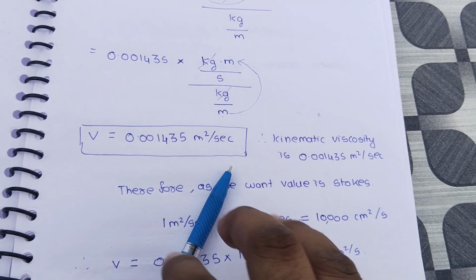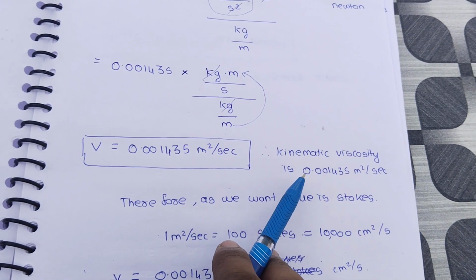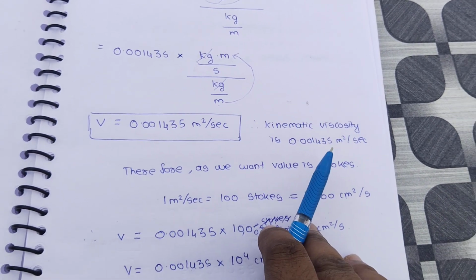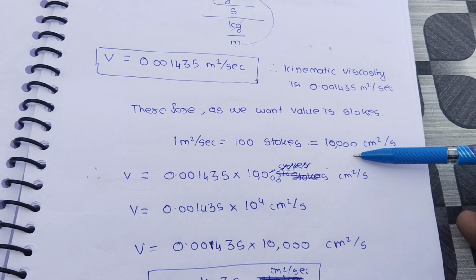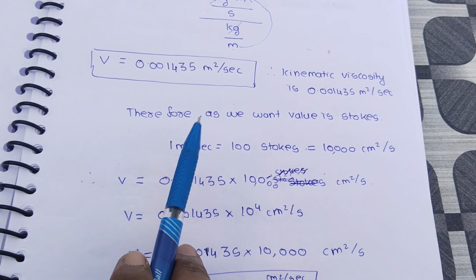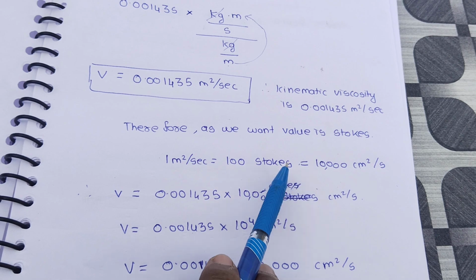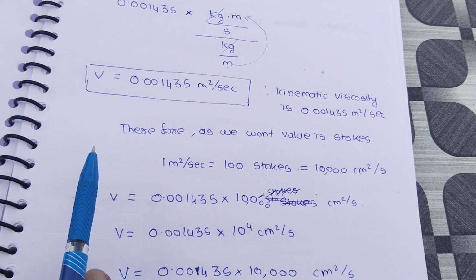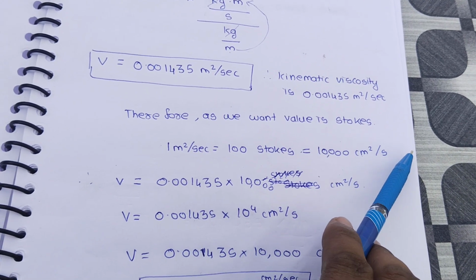So we have got the kinematic viscosity, which is 0.001435 meter square per second, but we want the value in Stokes. So for Stokes we have to remember this conversion. 1 meter square per second is equal to 100 Stokes, and 1 meter square per second is also equal to 10,000 centimeters square per second.